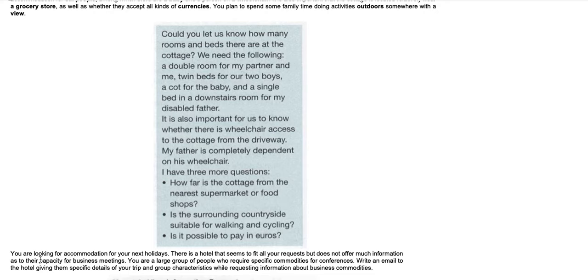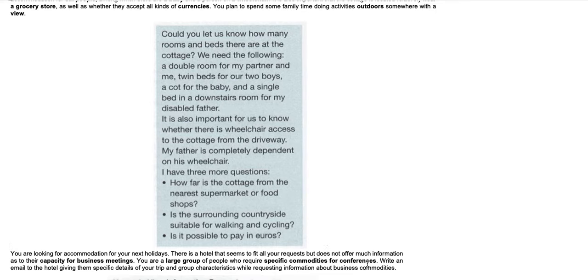So this is like the keyword for the writing, right? Now you are a large group of people. This is important, because it's not the same being 8 people or 2 people than being 50. Who require specific commodities for conferences. Commodities are items, things, objects that are useful to do something.